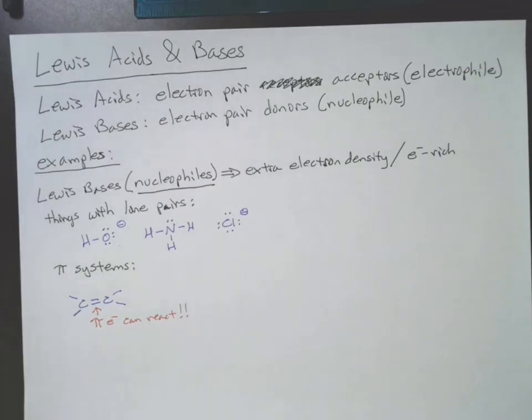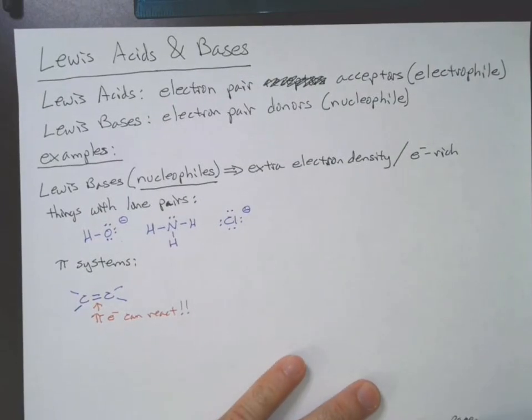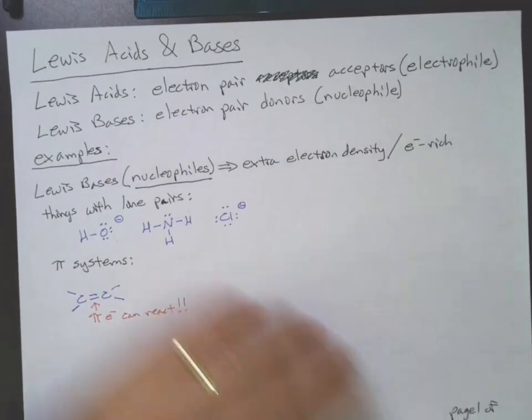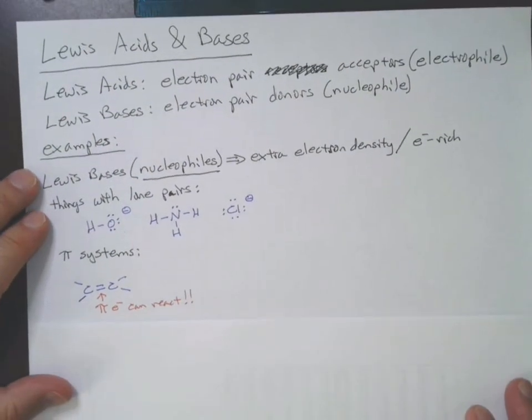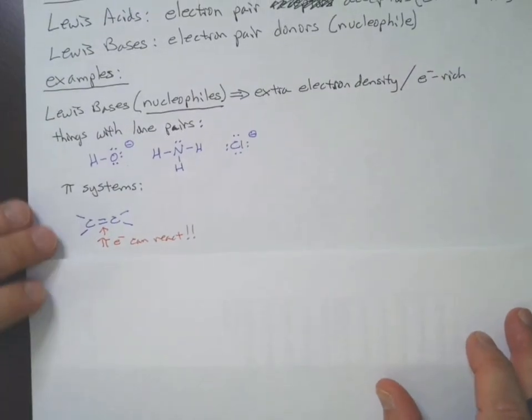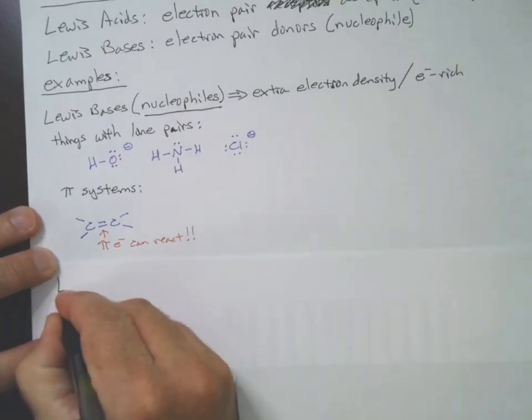And anyway, you're going to see nucleophiles and electrophiles over and over. So if these are our Lewis bases, let's see what we have as far as Lewis acids are concerned.